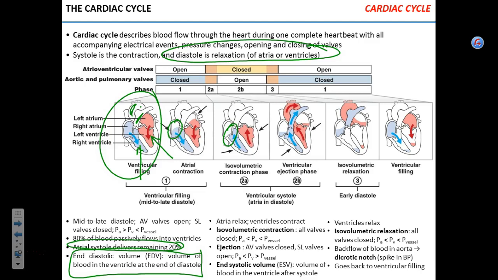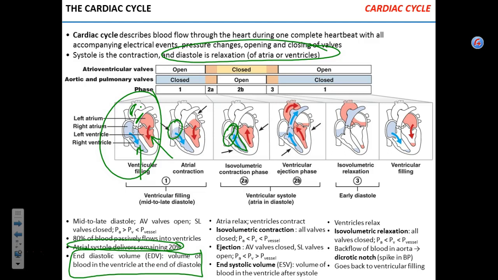So AV valve is closed. What about semilunar? If the pressure in the ventricle is still lower than in the great vessel. Closed. Very good. Okay? So it is closed.